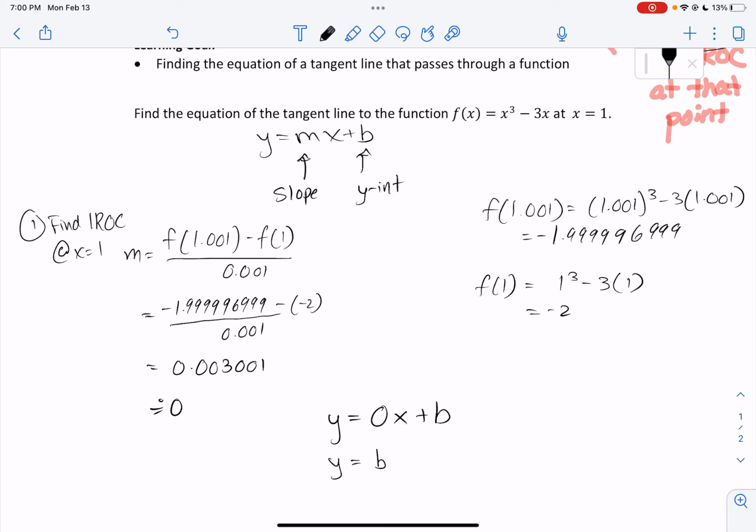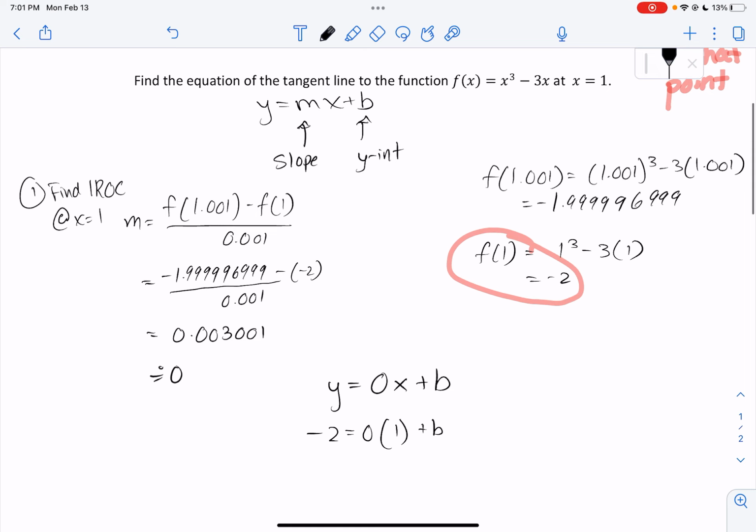So we need a point to sub in here. So we need to find a point on this line. And what point do we have on this line? Well, we know that f at 1 is negative 2. So I'm going to substitute that into the original equation here. Negative 2 is 0 times 1 plus b. Well, 0 times 1 is 0, so negative 2 is b.